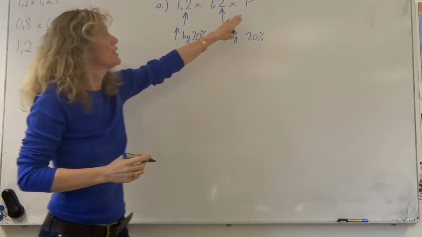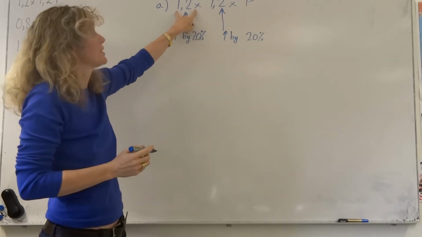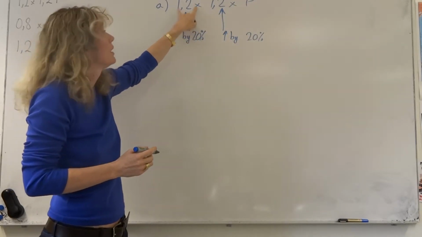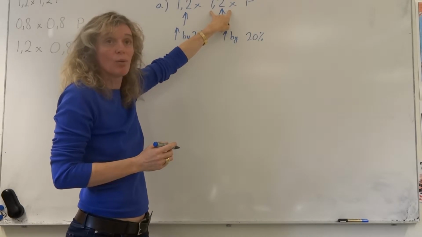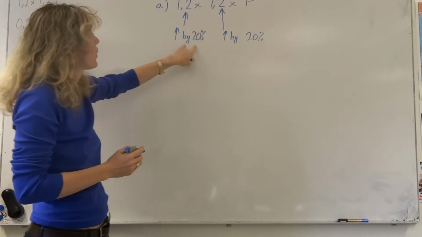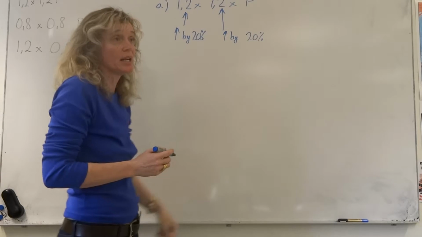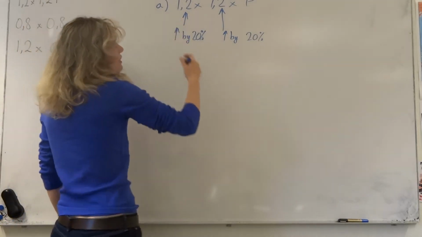So first you increase the price by 20%, you represent that as 1.2 times P. Then you increase it by another 1.2. So this is a 20% increase followed by a 20% increase. So the first time, let's look at it.